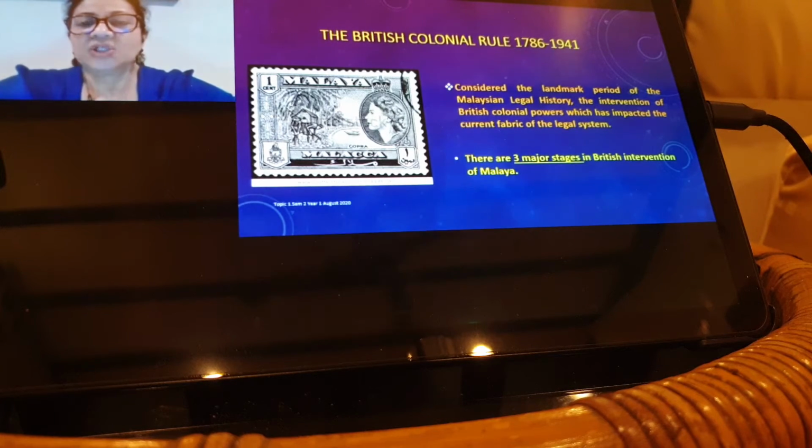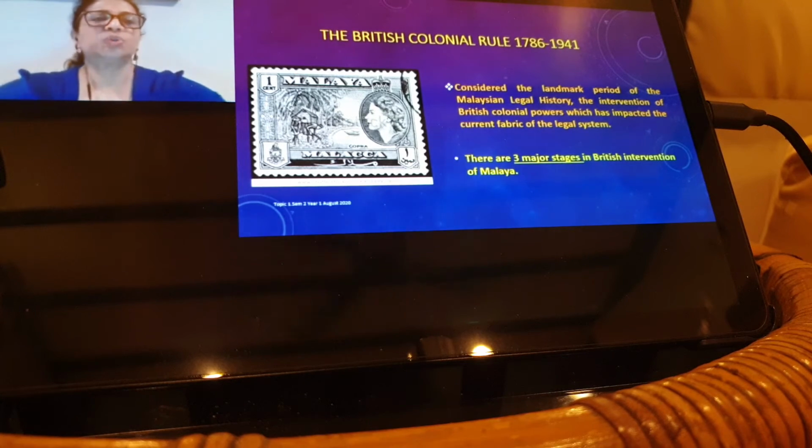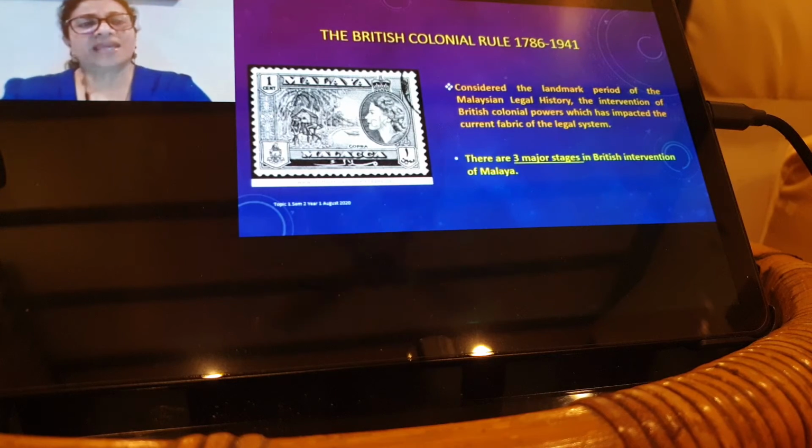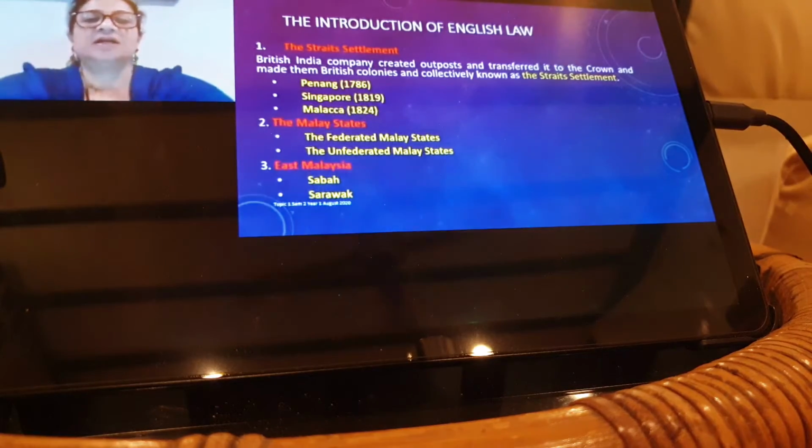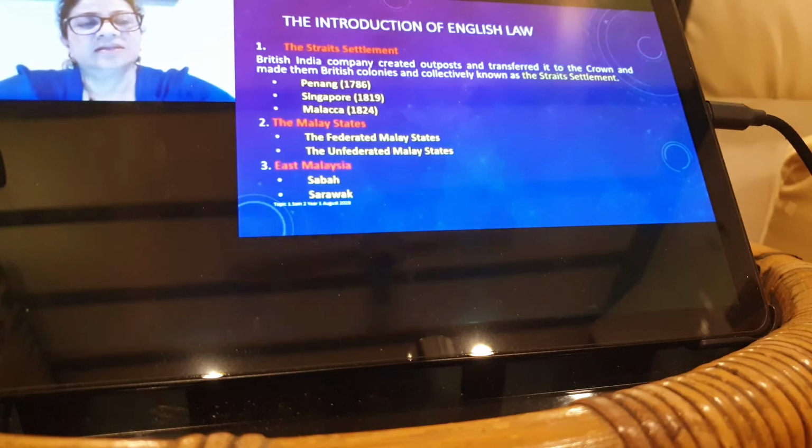So this period of British rule can be considered a landmark period of Malaysian legal history. And during the British rule, there were three major stages in regards to British intervention in Malaya. Firstly, the Straits Settlements.